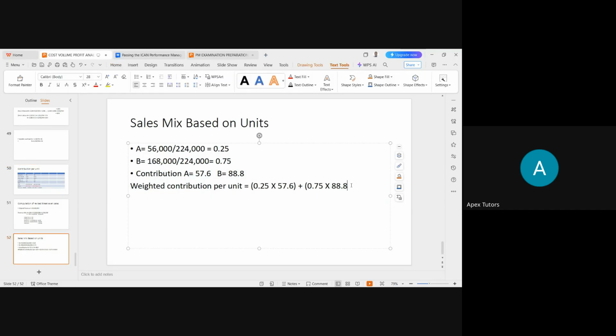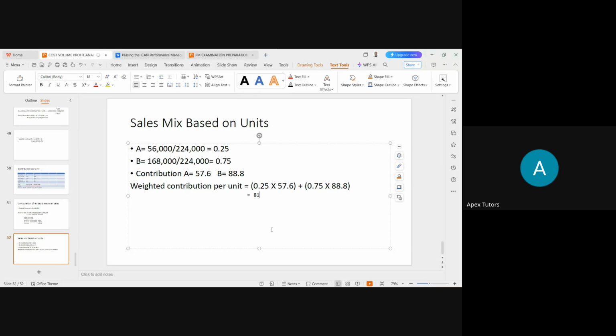The weighted contribution per unit is 81.